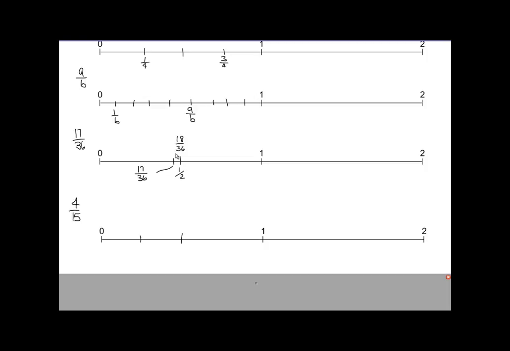So we know that our fraction will be pretty close to 1/4, which is equal to 4/16. But now in this case, you'll notice that our benchmark has a different denominator than the number that we're trying to locate, but the numerators are the same.